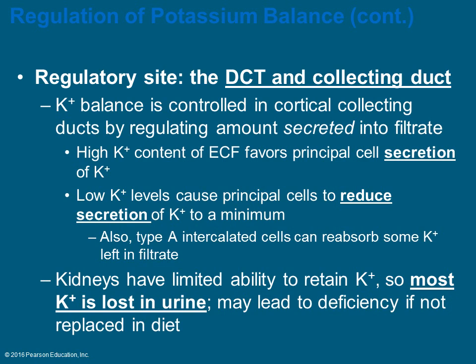Secretion, remember, is occurring at the site of your DCT and collecting ducts. Secretion is where you're taking out of the blood and putting it into the formation of the urine. A lot of the potassium is lost in the urine. This can lead to deficiency levels if it's not replaced in the diet.